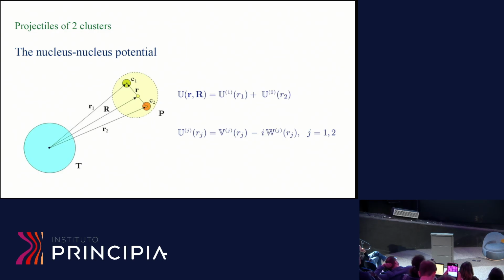When one describes a collision of a weakly bound system, one usually uses a potential that is a sum of the interaction between the clusters and the target, and this is the potential that is used in the full Schrödinger equation.